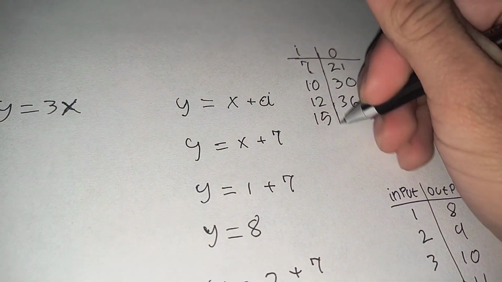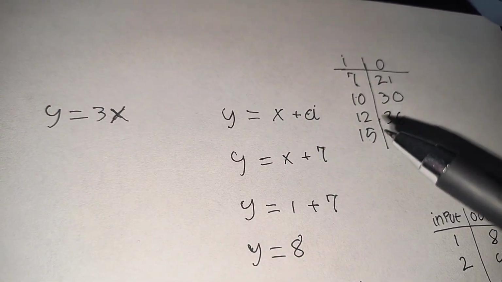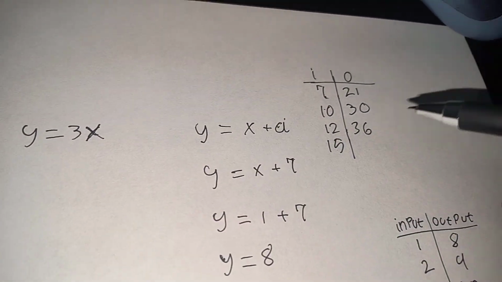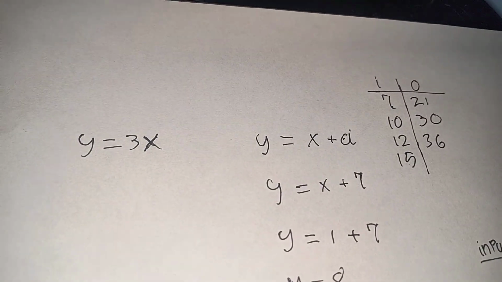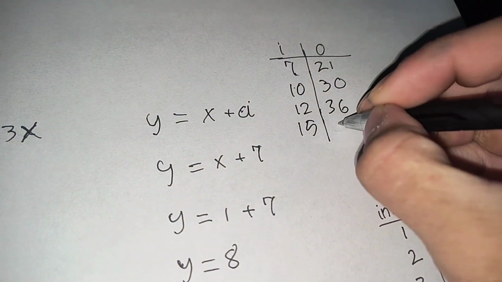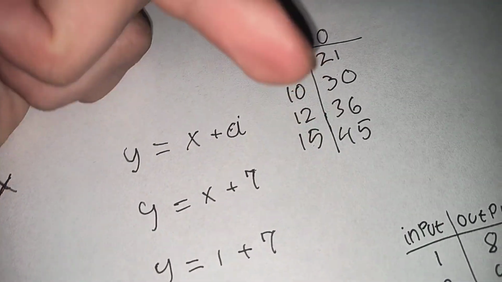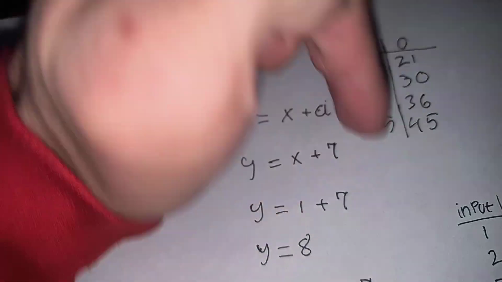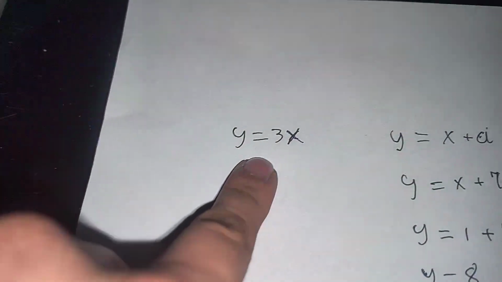If 15 is the input, that means 15 would be x in this situation. Then 3 times 15 is 45. And this would be our numerical pattern given these inputs and given this rule.